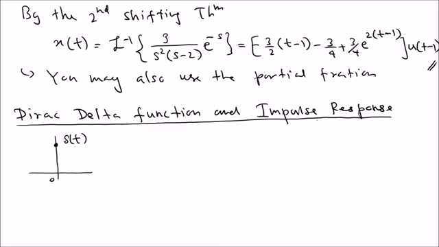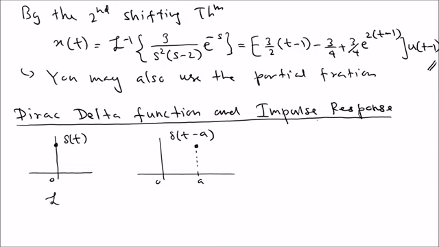And then we have the shifted version, which is the impulse at a, and everywhere else it's 0. This is what we normally write as delta(t minus a). Then we have the Laplace transform of that.